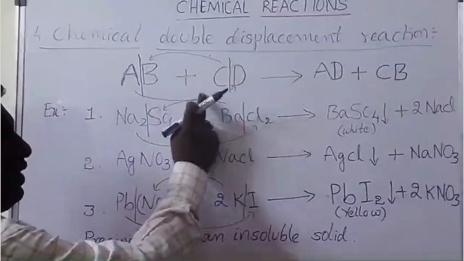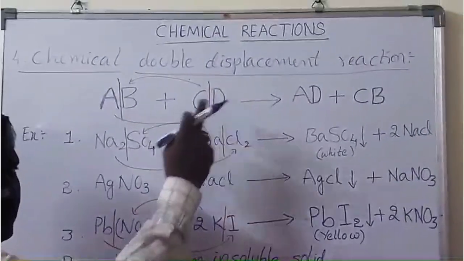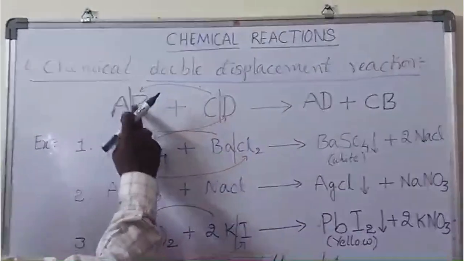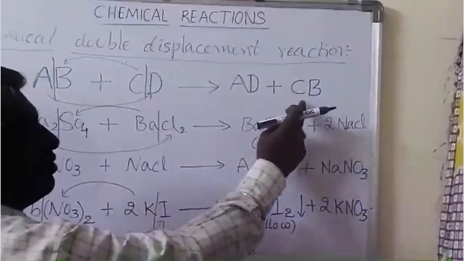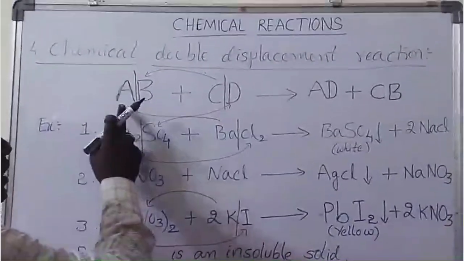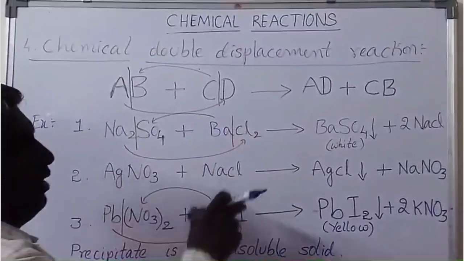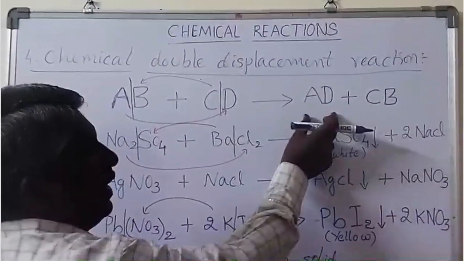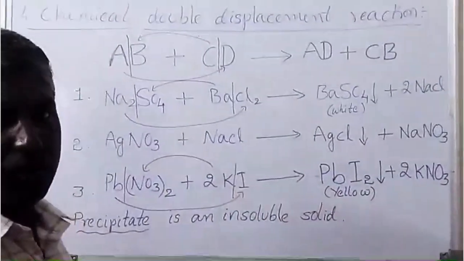In a double displacement reaction, in AB plus CD, A combines with D, then C combines with B. They form AD plus CB. AB plus CD are the reactants, and AD plus CB are the products.